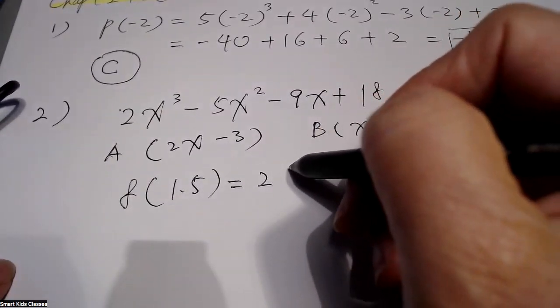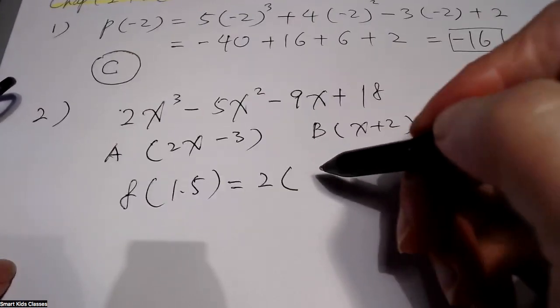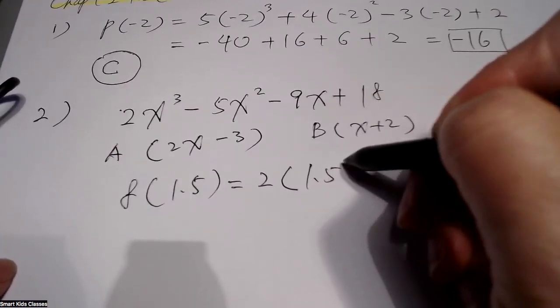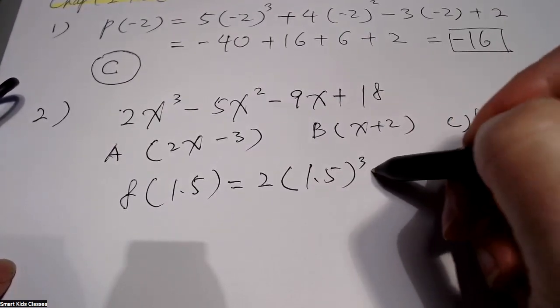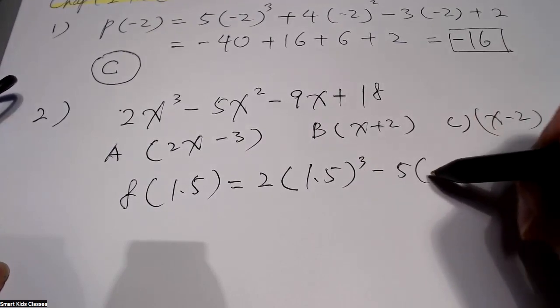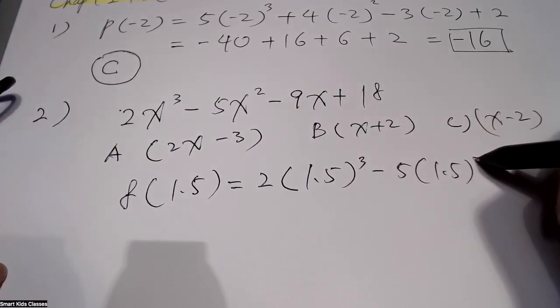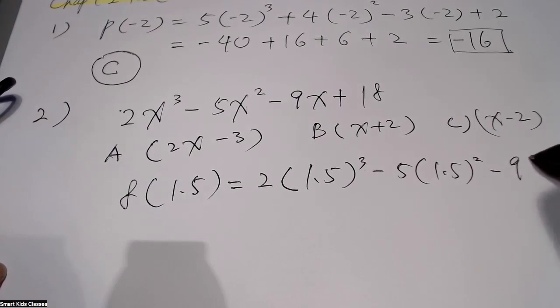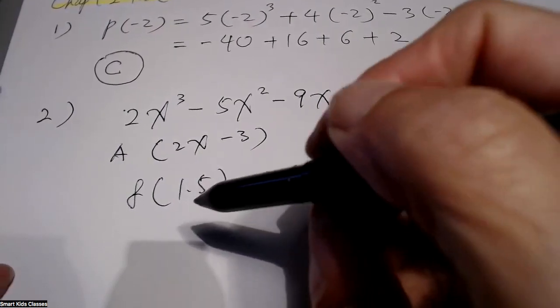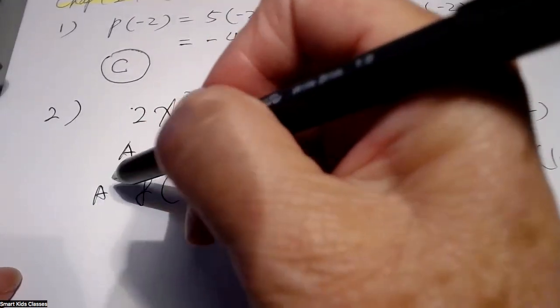So we get 2 times 1.5^3 minus 5 times 1.5^2 minus 9 times 1.5 plus 18. Now that's for the A.